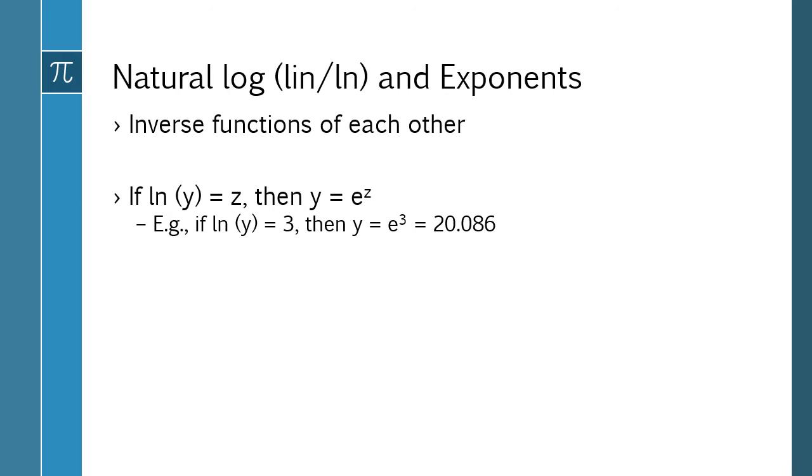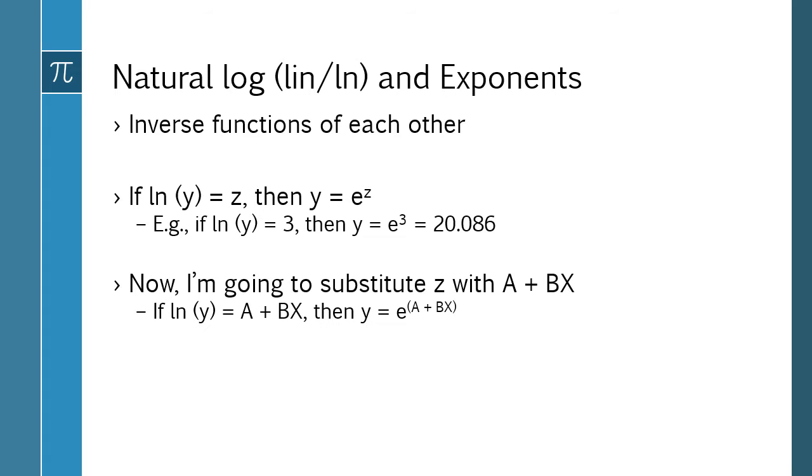As an example, if ln y is 3, then y is e raised to the power of 3, which is 20.086. Okay? So I'm going to substitute z with a plus bx. Then we say if ln y is a plus bx, then it follows that y equals e raised to the power a plus bx.